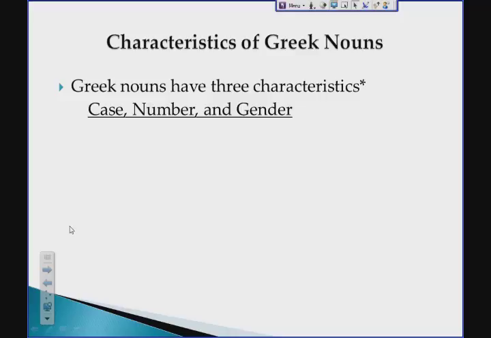The getal in Afrikaans, the number in English, you have singular, the enkelvoud, and the meervoud. You have the singular and the plural forms of the noun. That's what we talk about, the number.